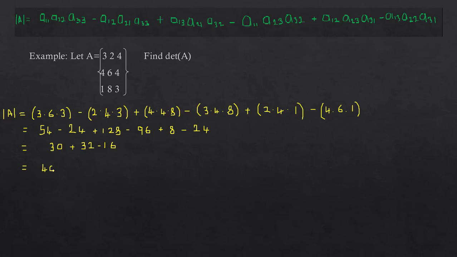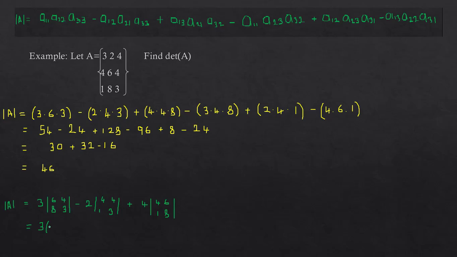and that's just 46. But if we had used the method that we know widely, then we'd see that this is our result. We have 3 times the determinant of 6, 4, 8, 3, minus 2 times the determinant of 4, 4, 1, 3, plus 4 times the determinant of 4, 6, 1, 8.